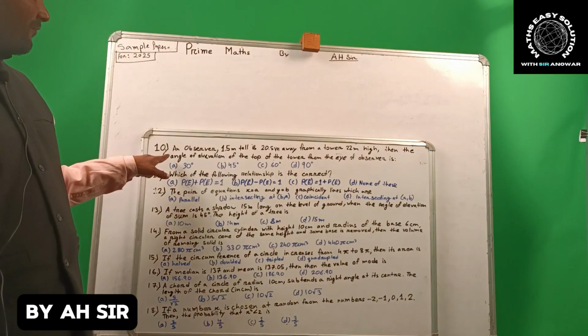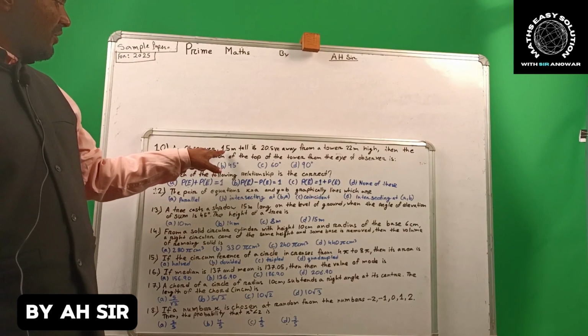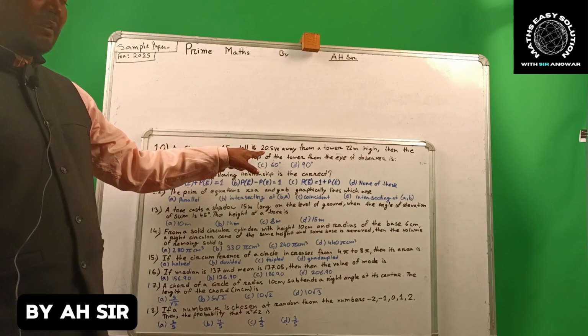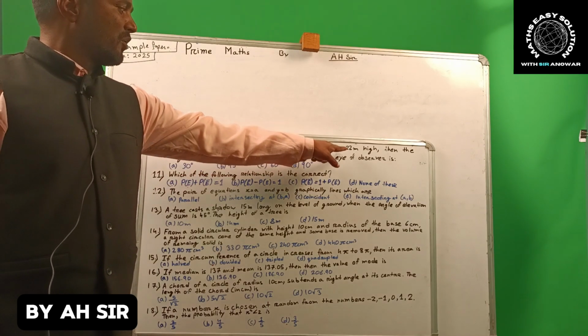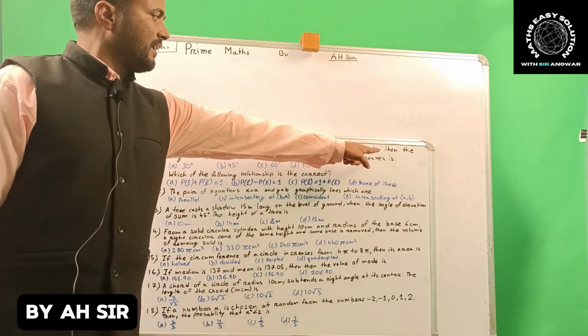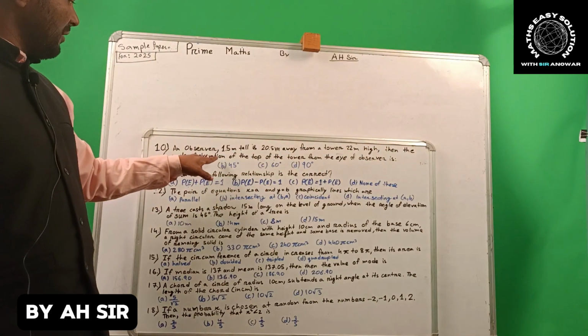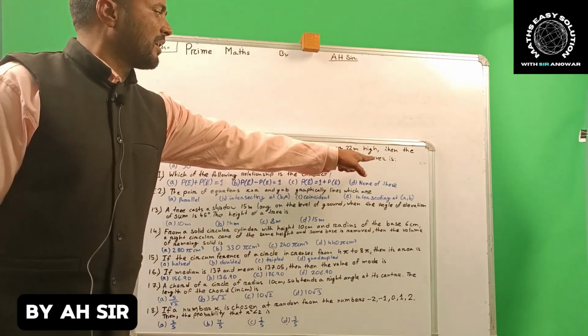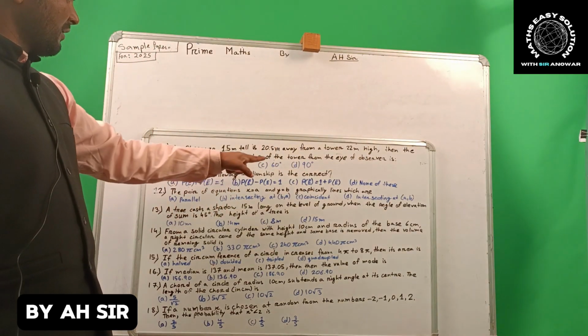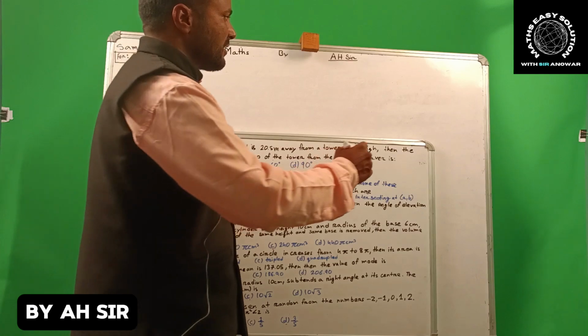So next question you see, an observer 1.5 meter tall is 20.5 meter away from a tower 22 meter high. Then the angle of elevation of the top of the tower from the eye of the observer is which one? So you see here, this one is like this.